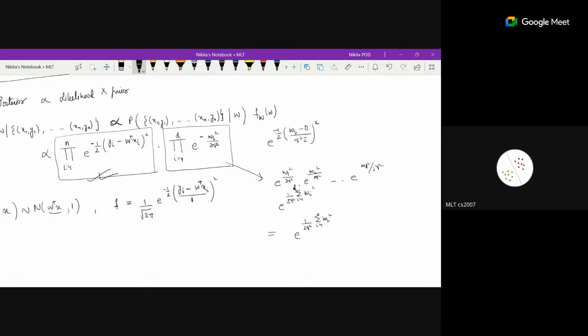Now again, what is my wi square summation? This is nothing but the L2 norm of w. So this is e to the power L2 norm of w squared divided by 2 gamma square.